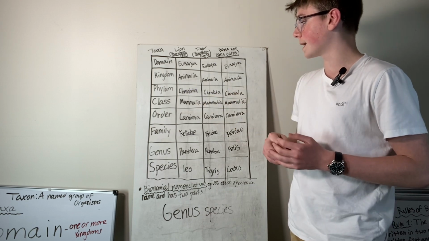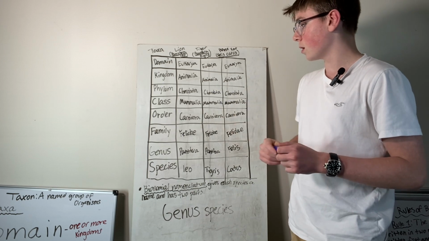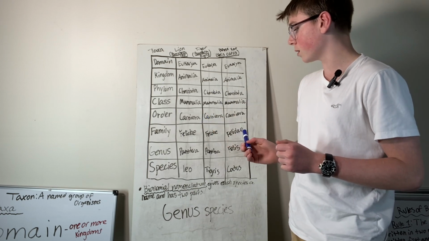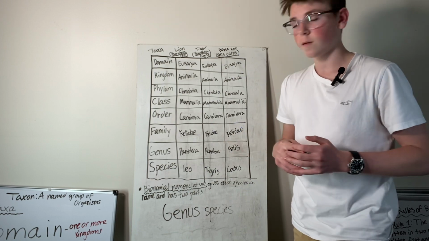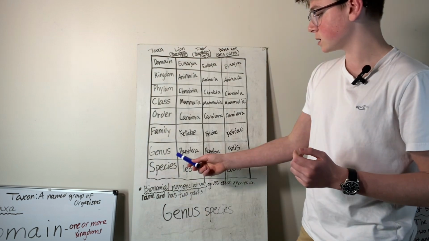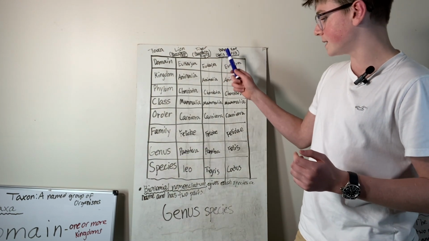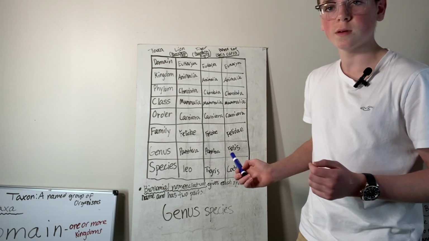Phylum, all Chordata. Class, all Mammalia. Order, all Carnivora. Family, all Felidae. Then, when we get to genus, we can see there's a split. Lion and tiger stay in Panthera, but house cat turns into Felis.